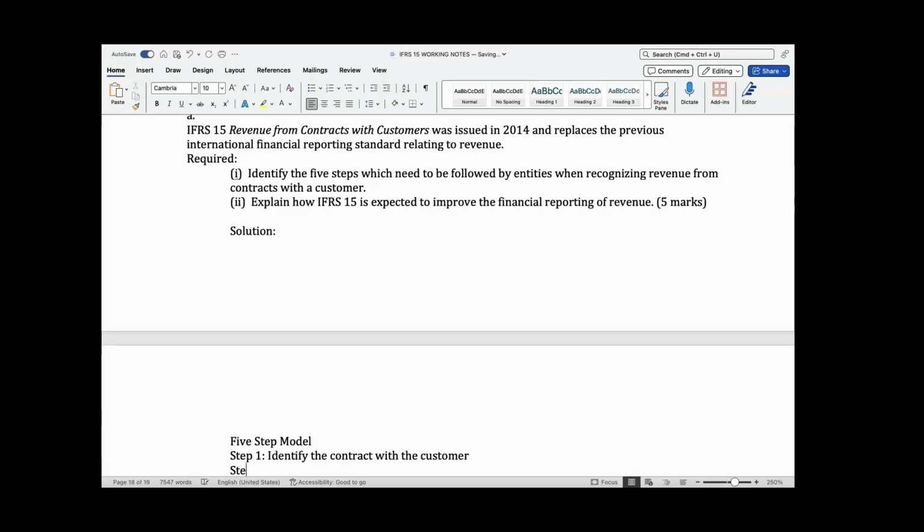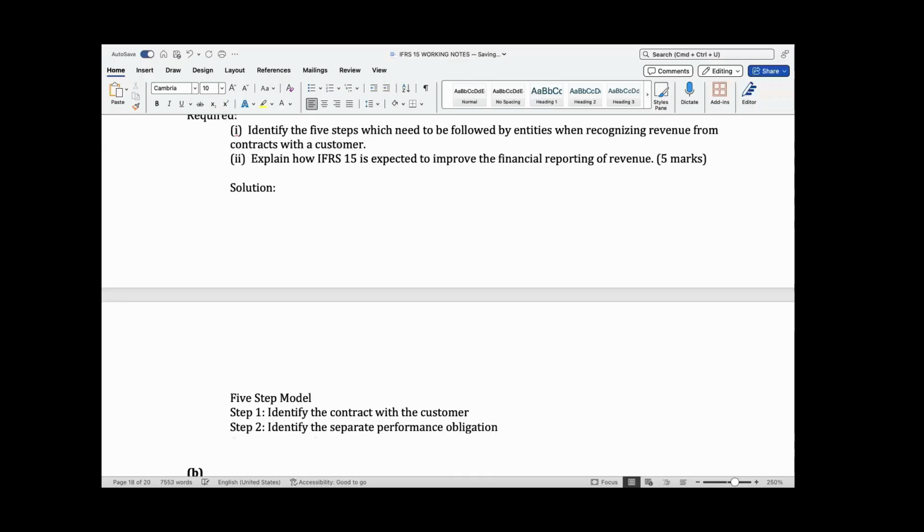Step 2, identify the separate performance obligations.